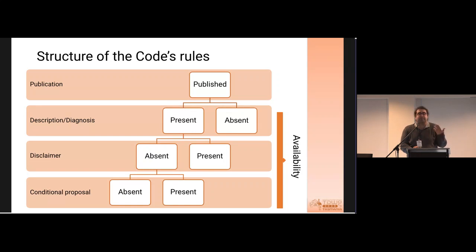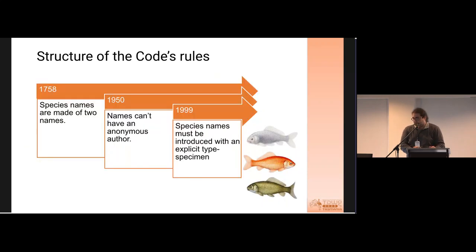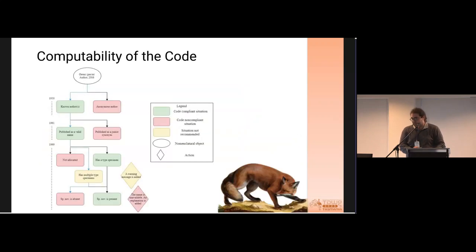And for example, it should not be accompanied by a disclaimer, otherwise the disclaimer would make the name unavailable. To make things even more complex, depending on the date on which the name was published, the rules change. For example, a name published before 1950 can have an anonymous author, but after 1950 it cannot have an anonymous author, otherwise it would be unavailable.